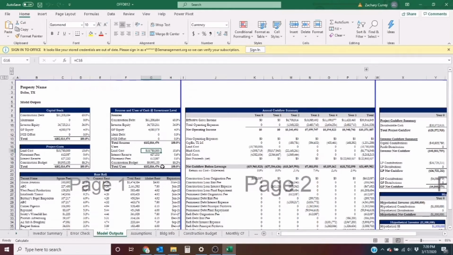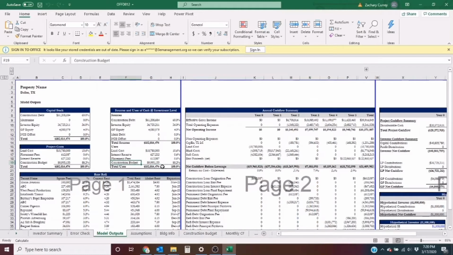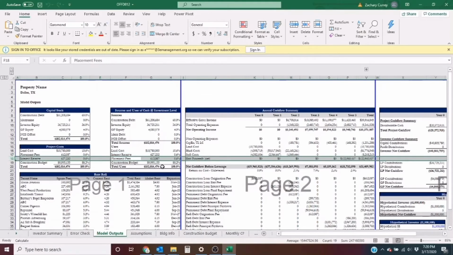So for development projects, you will want to include the land acquisition cost and the total development or construction budget cost. You will also want to include other uses such as fees and transaction costs, such as placement fees or debt placement fees.